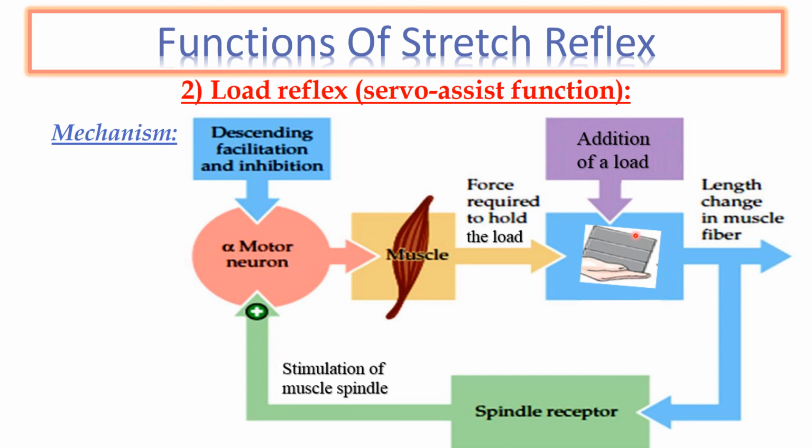Addition of more load will lead to more lengthening, or stretching, of the muscle, that will lead to stimulation of the spindle receptor, or muscle spindle, which is the stretch reflex receptor, and it sends impulses to the alpha motor neuron to maintain the muscle contraction. So they serve to assist or maintain the contraction of the muscle and prevent any attempt to drop the limb when we add more loads.